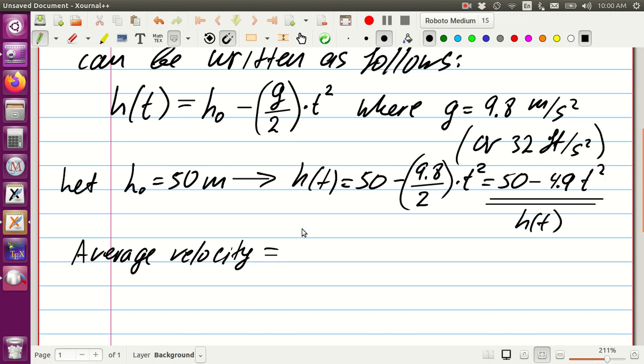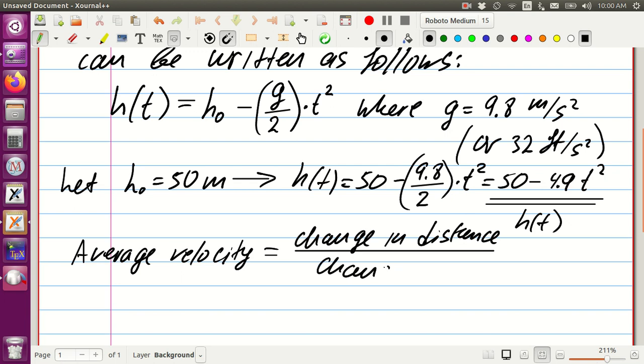Then you take the change in your distance, so pretty much how far you have driven, and you divide by the change in time. That would give you the average velocity. It will tell you on average how fast you've driven.